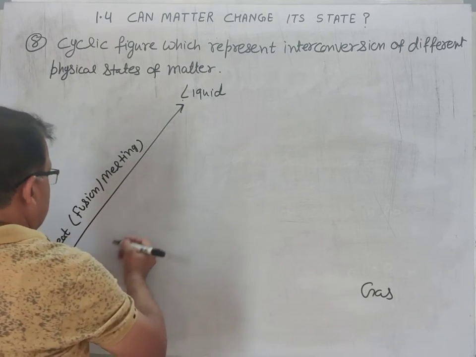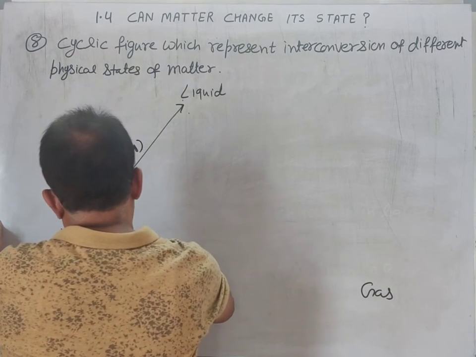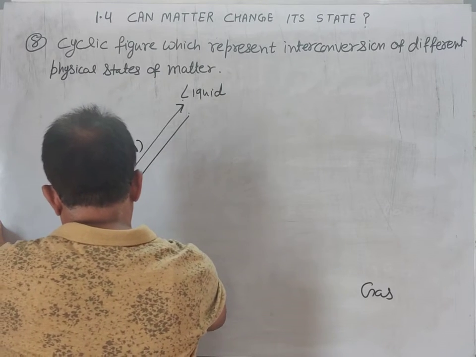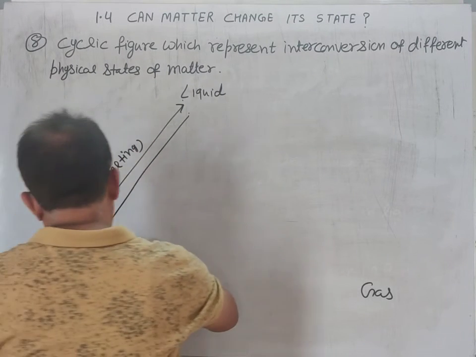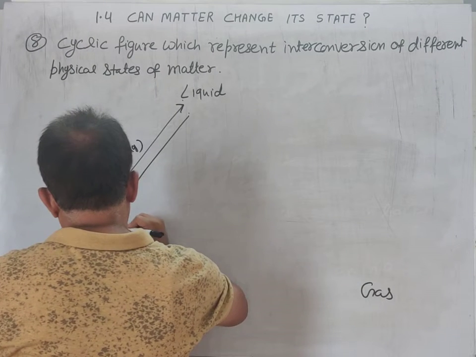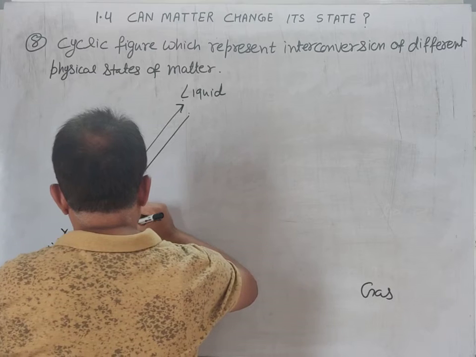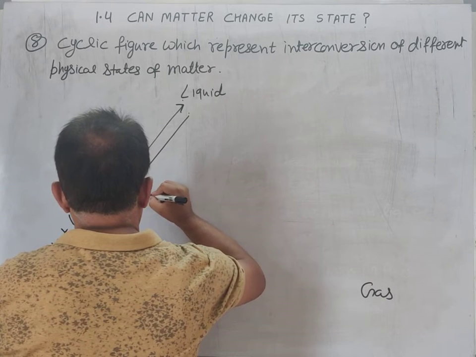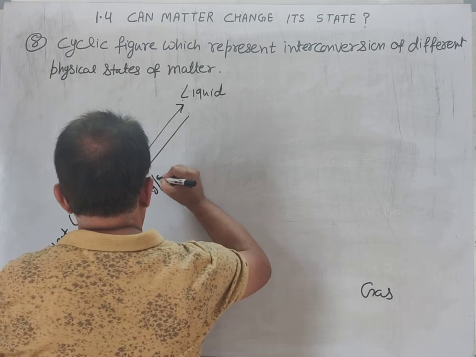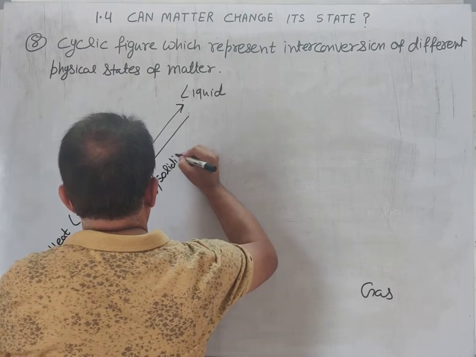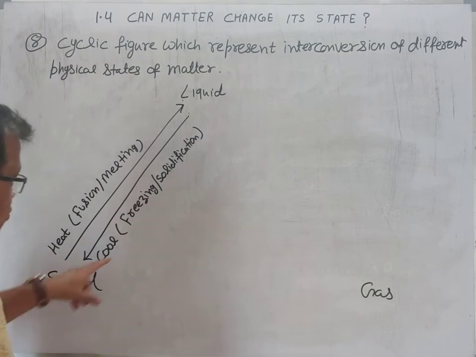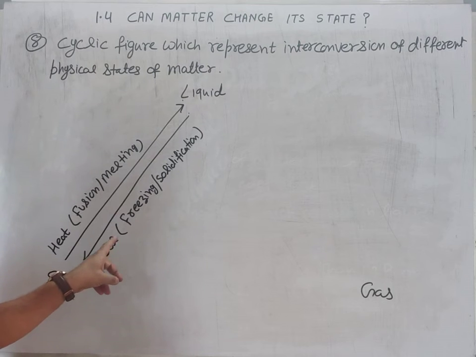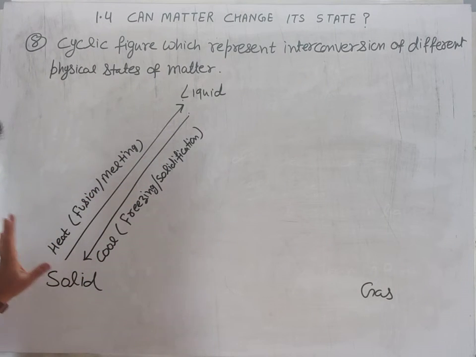Liquid can be converted into solid, see the direction of the arrow, by cooling, and the name of the process is freezing or solidification. Solidification is the name of the process in which liquid is converted to solid by cooling.